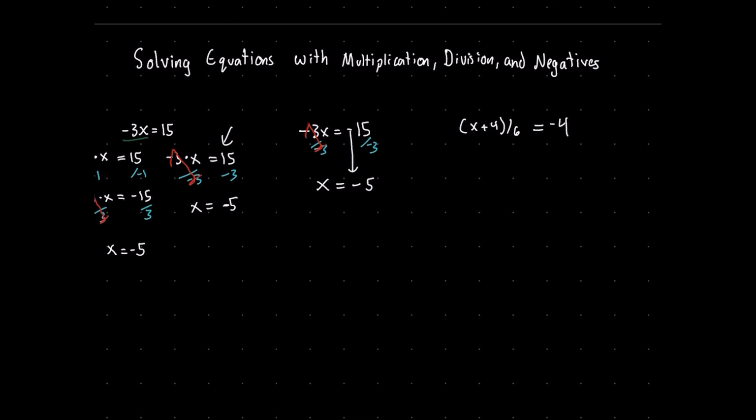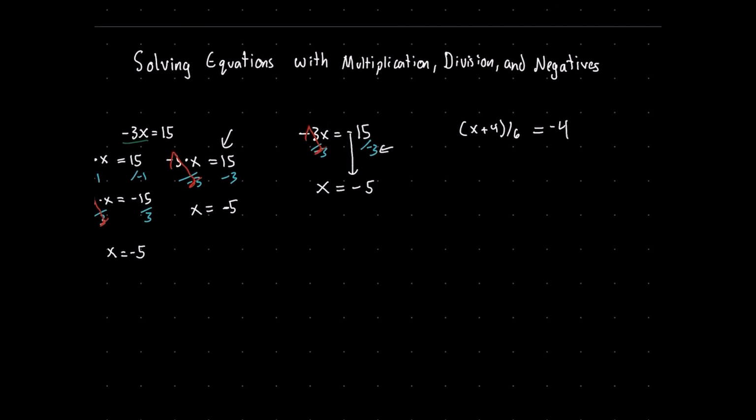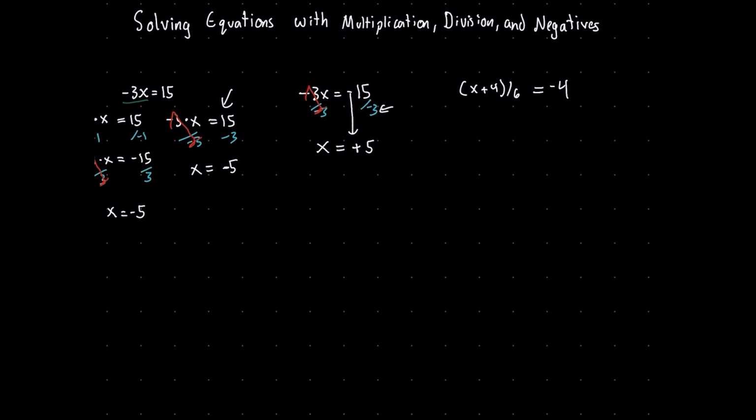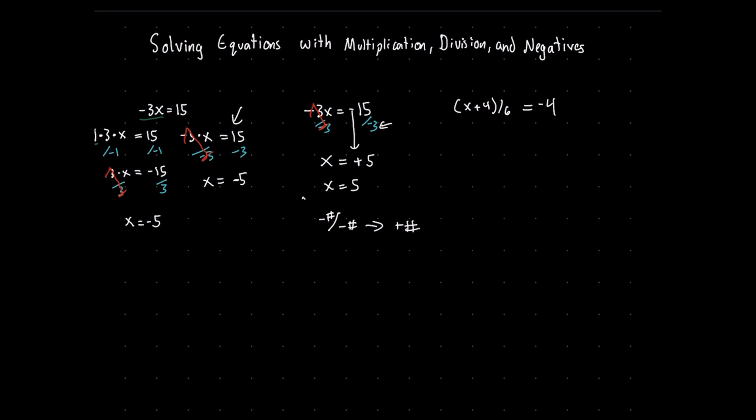But because the negative 3 is negative, we now swap the sign and get x equals 5. That's a pretty roundabout way to do it, but one thing you can just know is that when you're dividing a negative by a negative number, the answer will always be a positive number. That is a very good thing to remember.